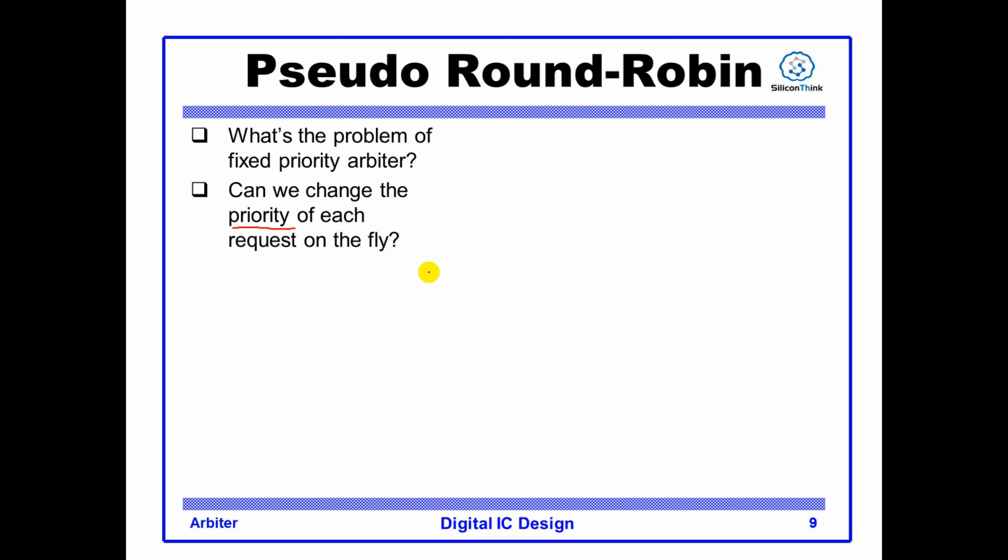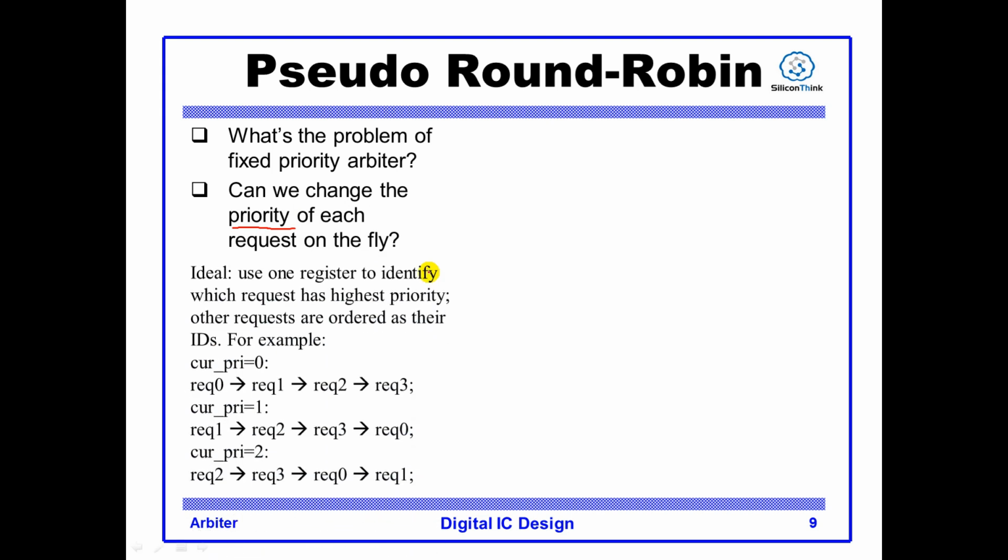I will go on. One common idea is you can use a register to identify which request has the highest priority at a time. So at this time, which one has the highest priority, and some cycles later, which one has the highest priority. And for the other requests, the priority will be ordered by their IDs.